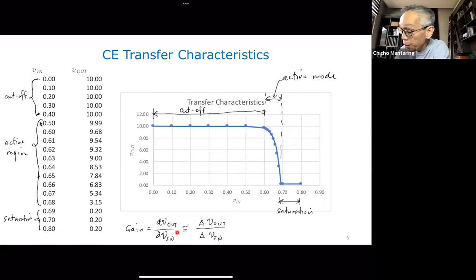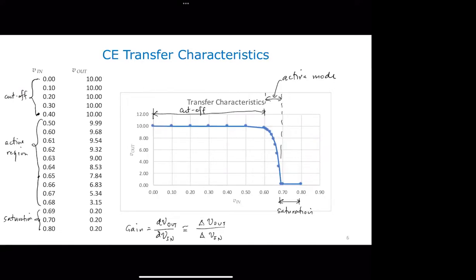Note that this value changes depending on where you are in the curve. For example, what is my gain in cutoff and in saturation? Can someone tell me? When my transistor is in cutoff, what is my gain? Close to 0.